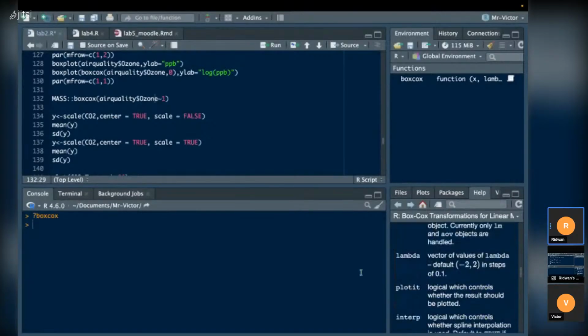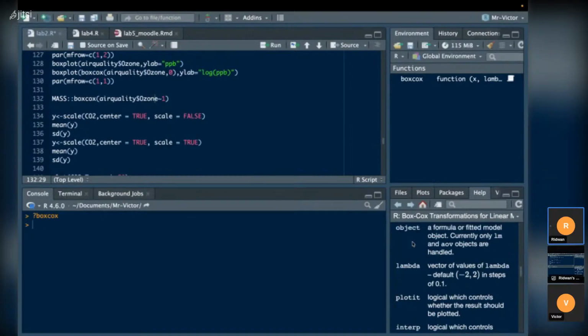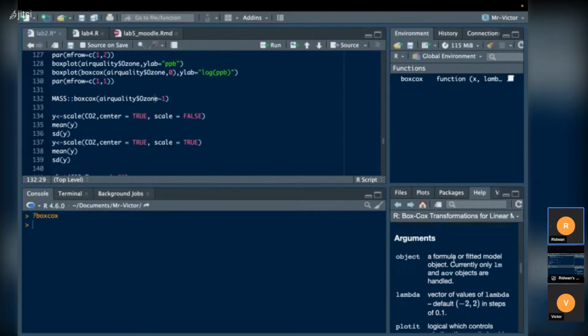This thing I'm trying to explain here, this particular object, means you identify that this is the only variable.